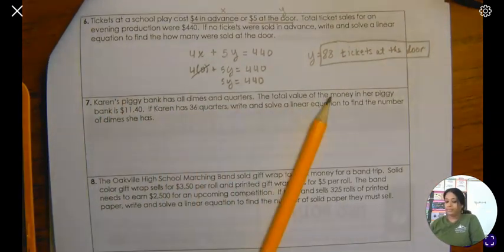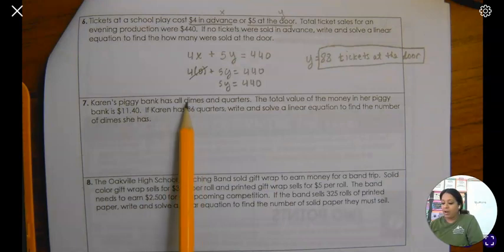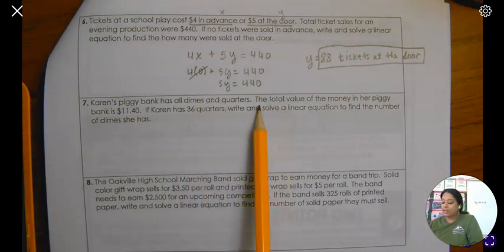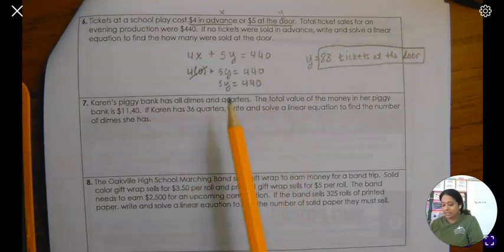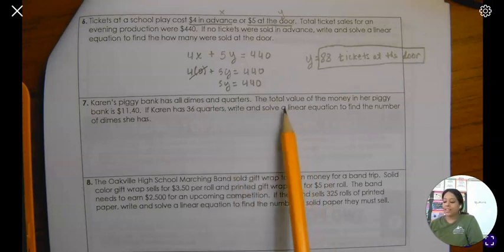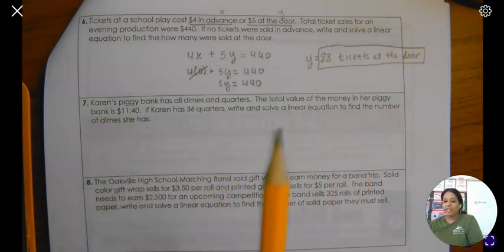Okay, the next one. All right, so Karen's piggy bank had all dimes and quarters. So those are the coins. There's dimes, which are 10 cents, and then she has quarters, which are 25 cents. The total value of the money in her piggy bank is $11.40.